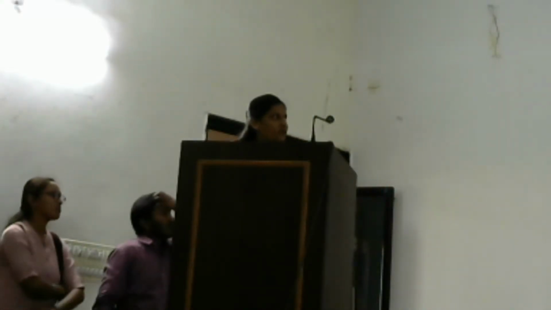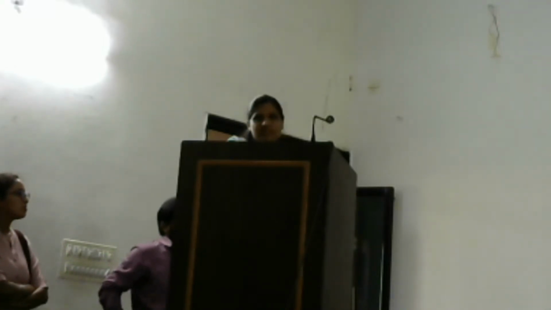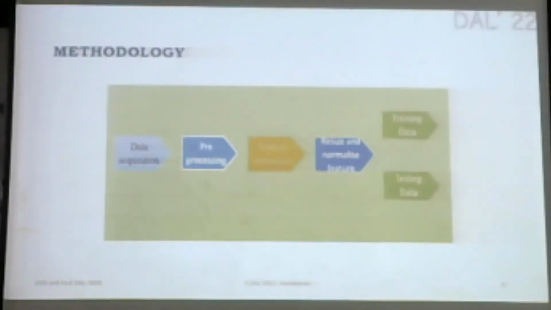The methodology of the machine learning part says that data acquisition, pre-processing and feature extraction are part of pattern recognition. Since we use a large number of data sets, we need to add an extra step, that is normalizing the features, to normalize all the features which we want to extract. The extracted data is then used for the training and testing process.